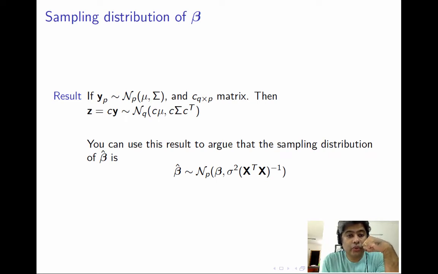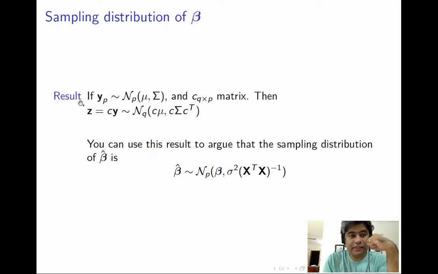Now there is a result which says that if y is p-dimensional and follows a p-variate normal with mean mu and covariance matrix sigma, and C is a q cross p matrix, then Z = C times Y follows a q-variate normal with mean C times mu and covariance C sigma C transpose.